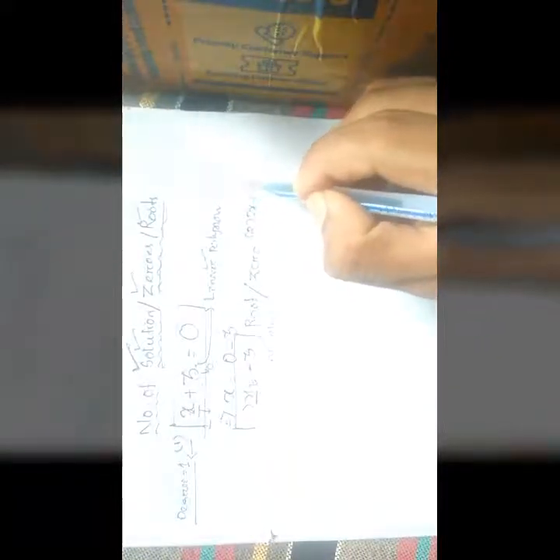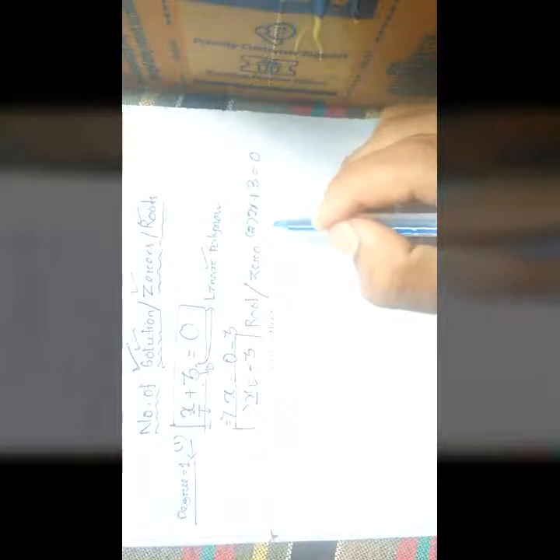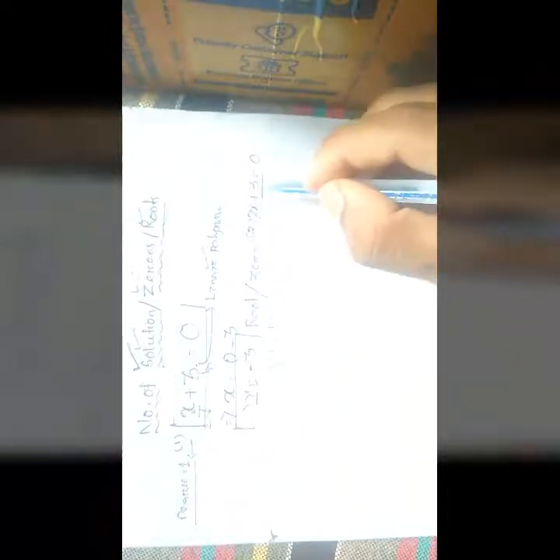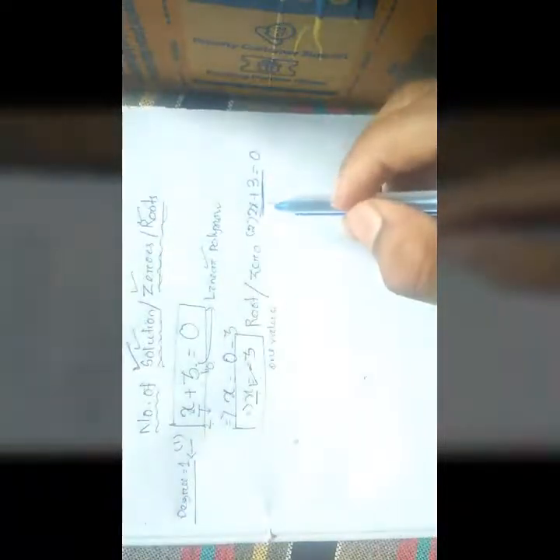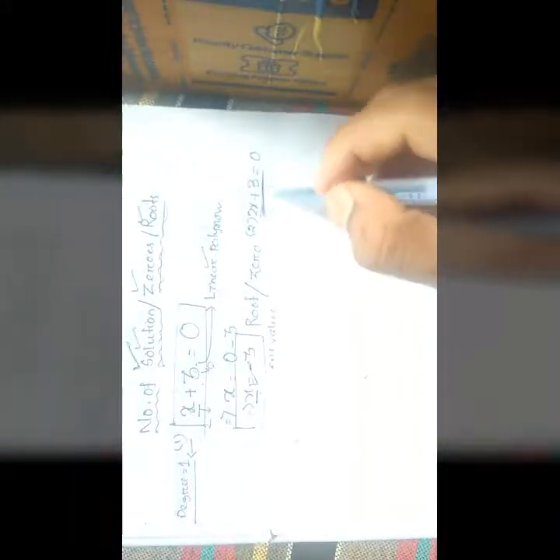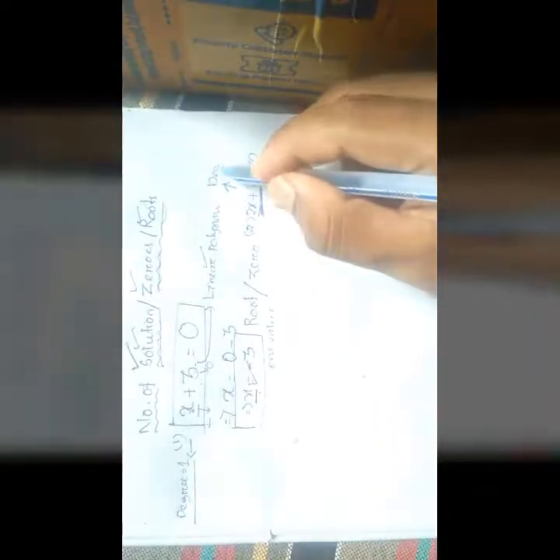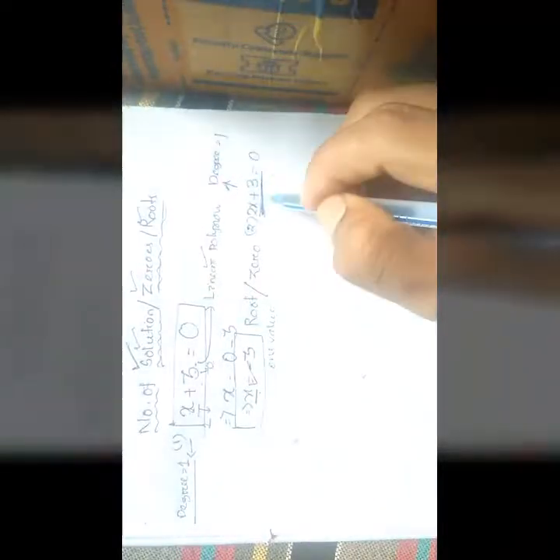Let us take one more example. Suppose I am taking 2x plus 3 is equal to 0. It is also a linear polynomial. Why? Because it has the highest power 1 and the constant has power 0, so the highest power is 1 and its degree is 1. That is why it is a linear polynomial. Let us solve it.